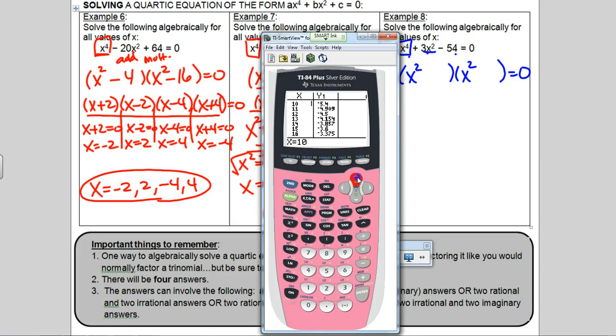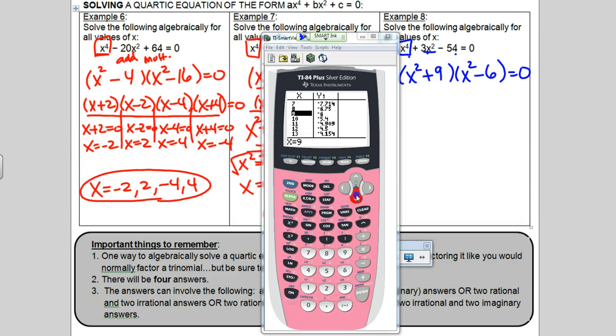Okay, so adding up to get a positive 3, there's our 9 and negative 6. All right, x squared plus 9 is not a difference of squares. X squared minus 6 is not a difference of squares. So we cannot factor any further.